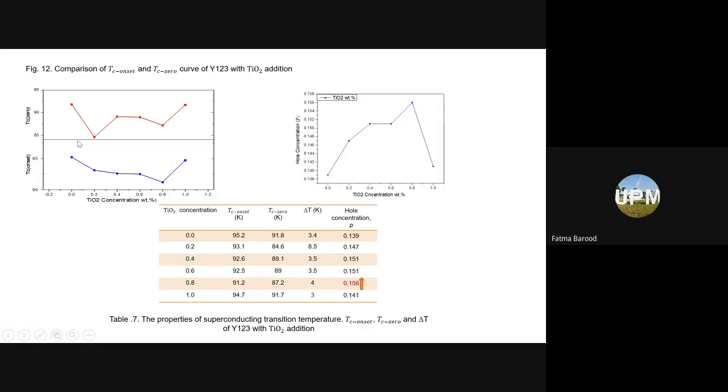There was also the hole concentration, which was increased for 0.8 titanium addition. The transition was improved for high concentration too, as we can see.